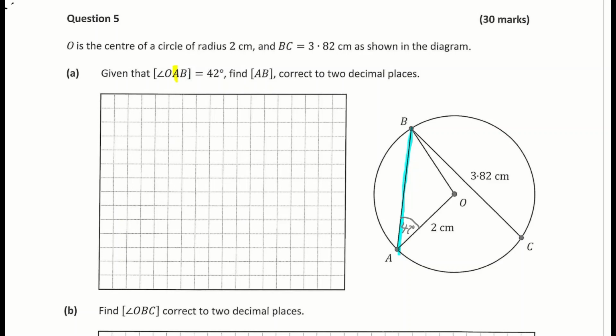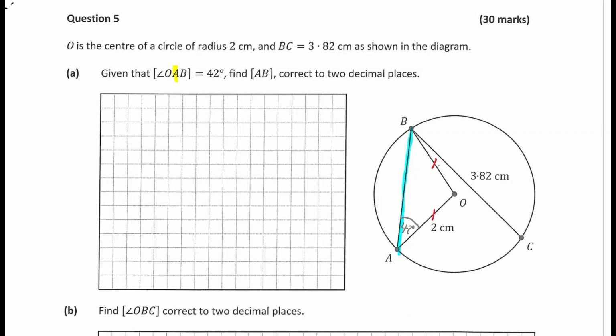The question also tells us that the center of the circle is O, so the radius is 2 centimeters. So that means that this line here, coming from the center to the edge, is the same as this line here, from the center to B. So that's making an isosceles triangle, and an isosceles triangle is a triangle which has 2 sides the same length, these 2 here.